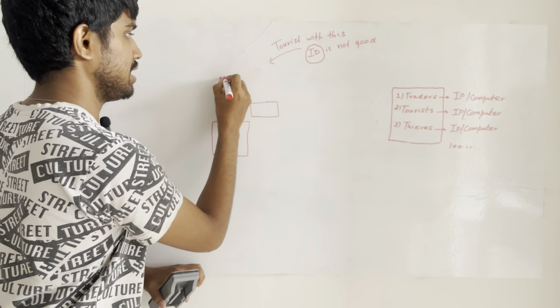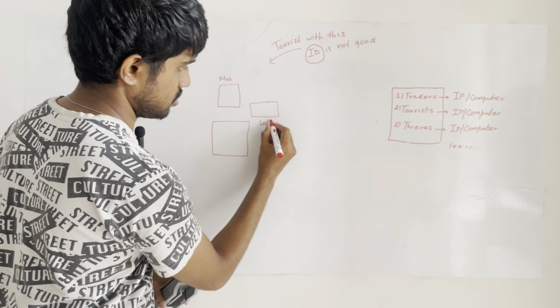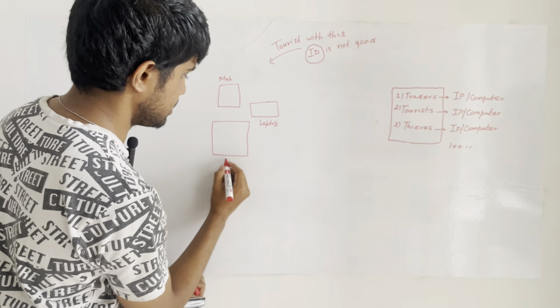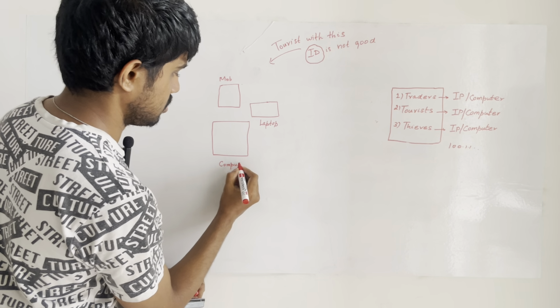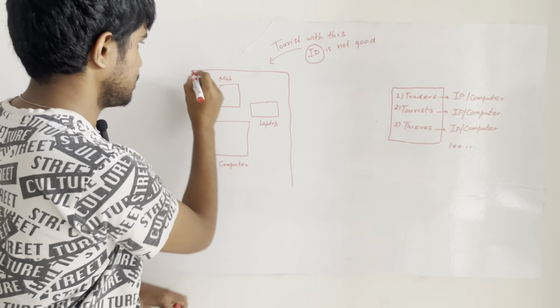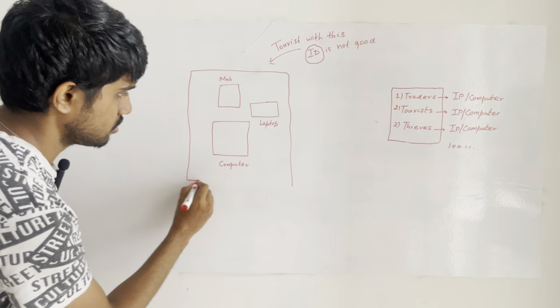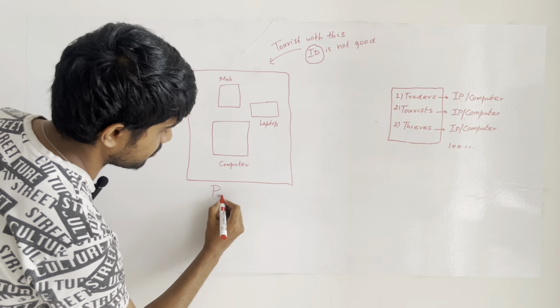This is mobile, this is laptop, and this is computer. So basically all these things in your home sit in a private network.